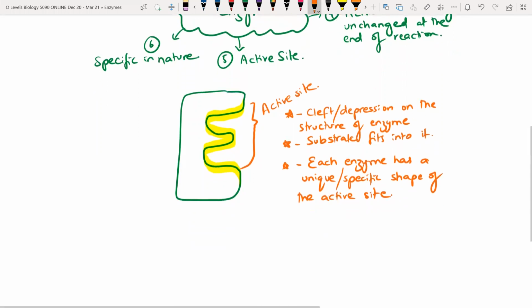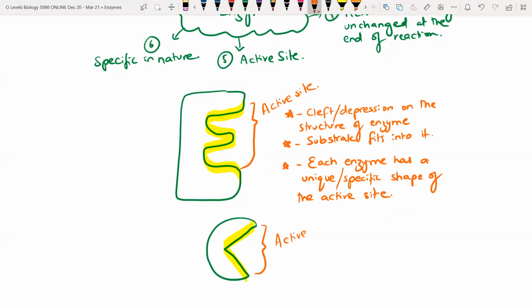So for example, if I were to draw another enzyme, maybe it would look like the following. Pac-Man, the typical Pac-Man. You can clearly see that the shape of this active site, again, that's also an active site, is very different from the shape of the active site that I've drawn. So it's different from above. Okay. All right.